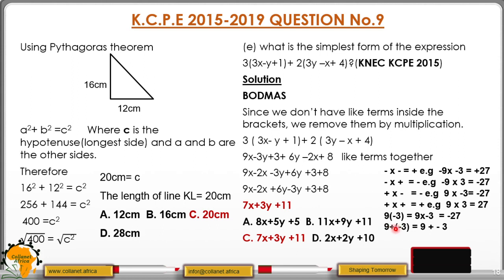It is not 9 times negative 3. So when the question is like this, you remove by multiplying inside. But this one, it is positive and negative. So positive times negative. So it is written that way. So when they are together, it means it is also multiplication. So positive times negative, you get a negative. So it will be negative. So it will be 9 minus 3 to get 6. This one is totally different from that.